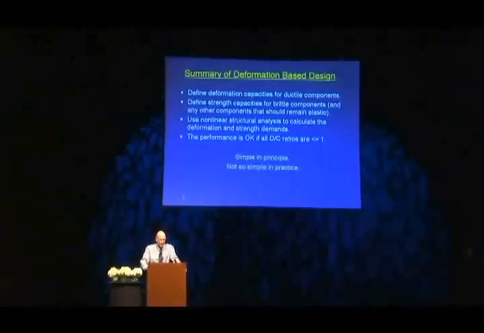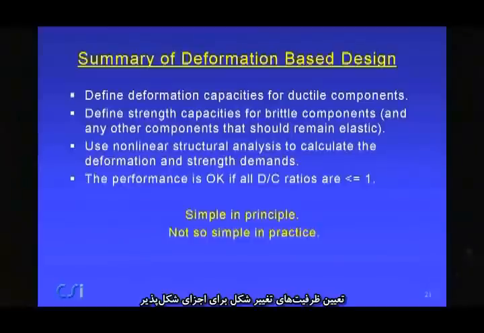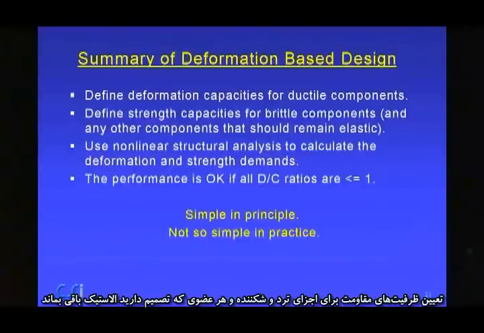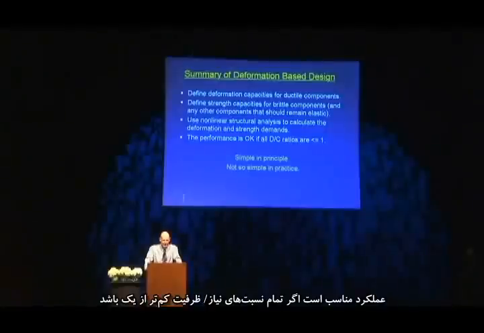So summary: define deformation capacities for ductile components, define strength capacities for brittle components, and any other components you decide should remain elastic. Use nonlinear structural analysis to calculate the deformation and strength demands, and the performance is okay if all demand capacity ratios are smaller than 1. Simple in principle, not so simple in practice.